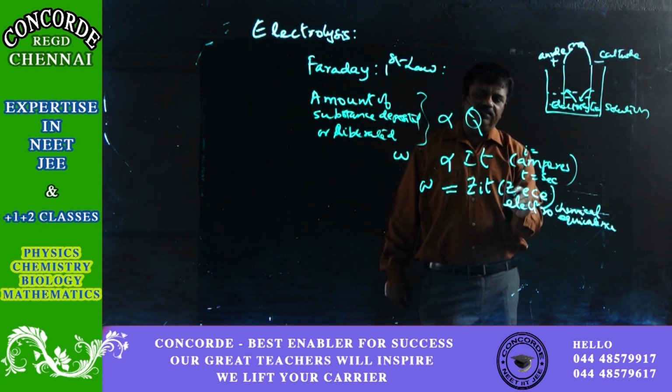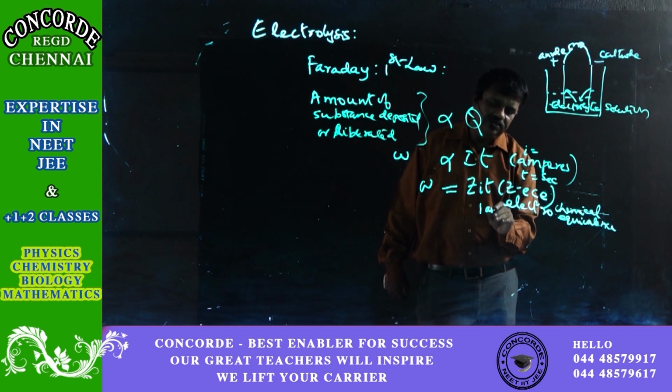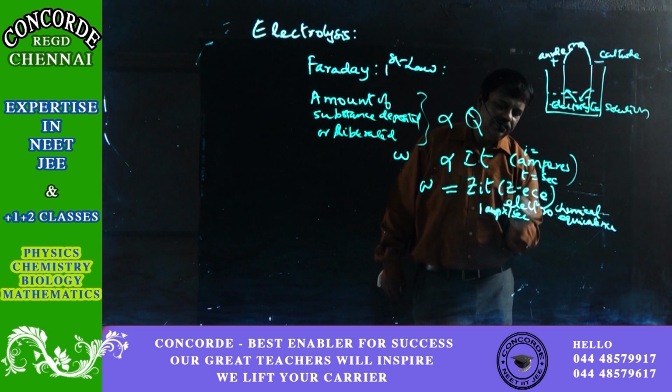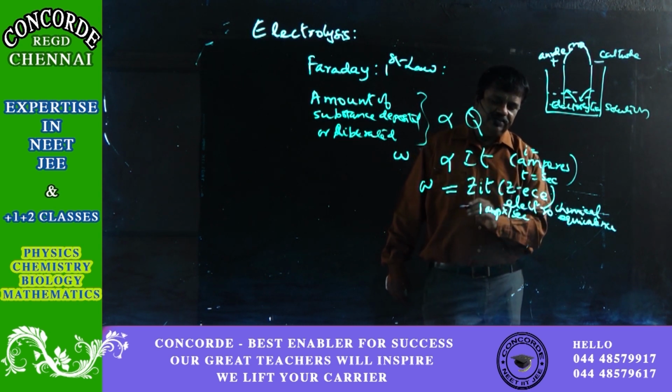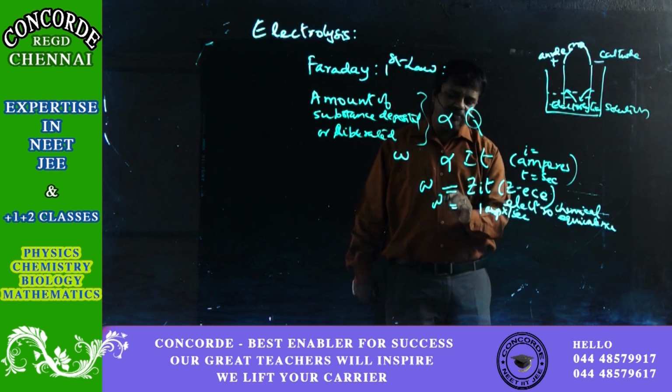If the quantity of current is in amperes and seconds, 1 ampere of current is sent for 1 second. What is the weight which is deposited?